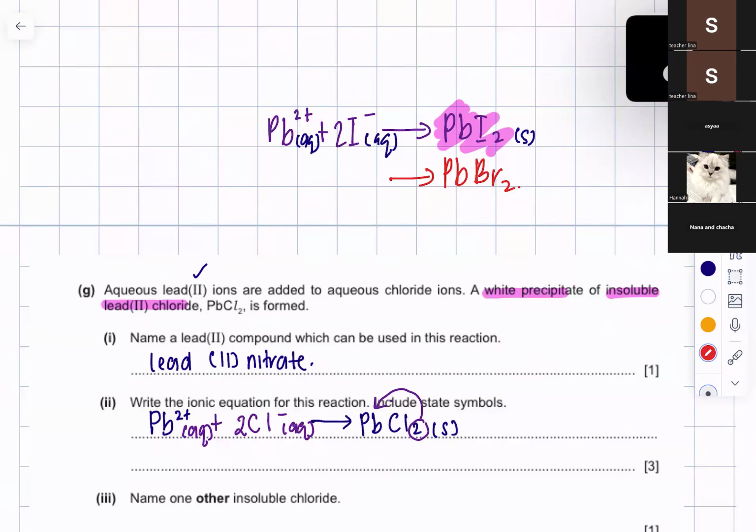Hannah, sayang. Nana? Okay. So what is the ionic equation for PbBr2?